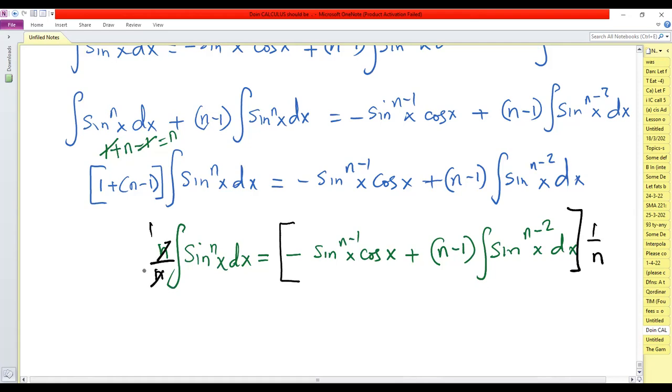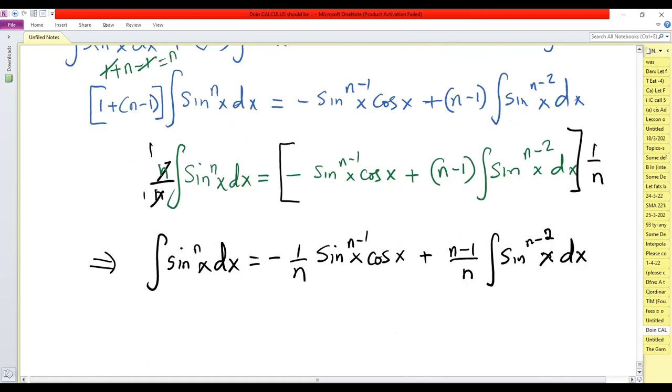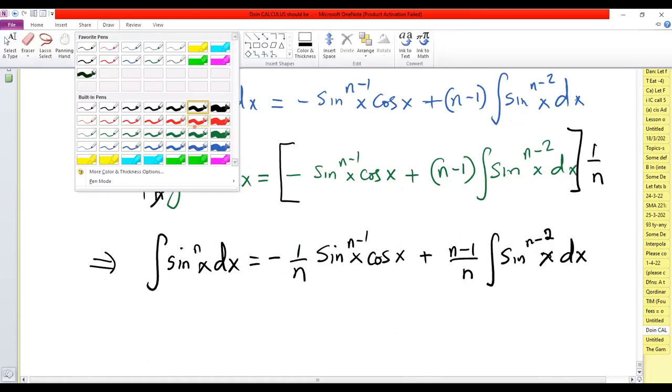Then this and this cancel out, so that the integral of sine power n x dx will be negative 1 over n sine raised power n minus 1 x cosine of x plus, dividing by this coefficient, n minus 1 over n integral of sine power n minus 2 x dx. So this is the required reduction formula.